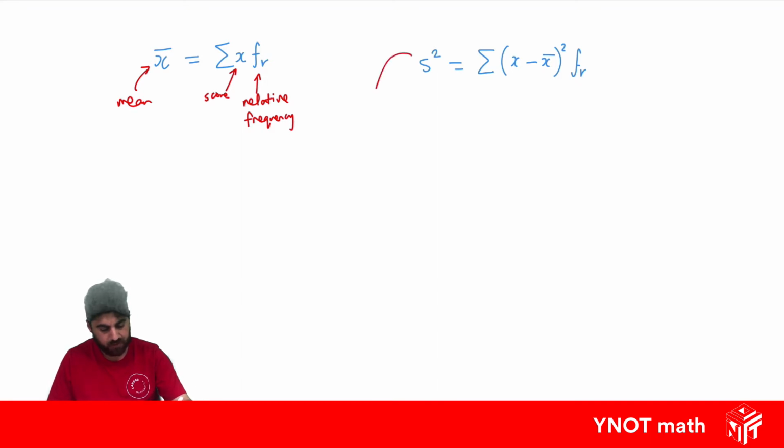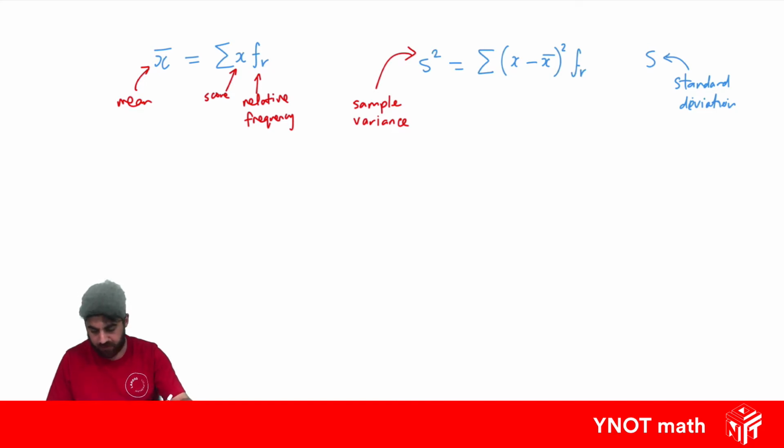So S squared is our sample variance, and the square root of S squared will give us S, and S is actually going to be our standard deviation. There is no other symbol for sample variance, it's just S squared.